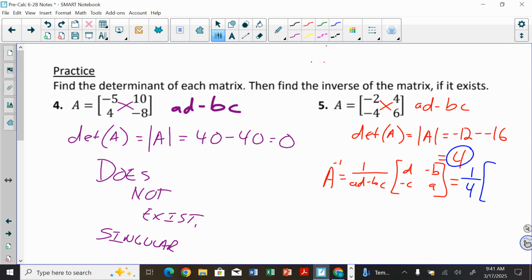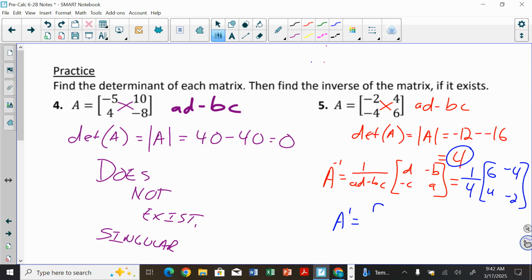And then we could put those values in. I just swap my A and D, and then I just change the sign of my B and C. So now, when I finish for my matrices, I'm just multiplying 1/4 by all of those.